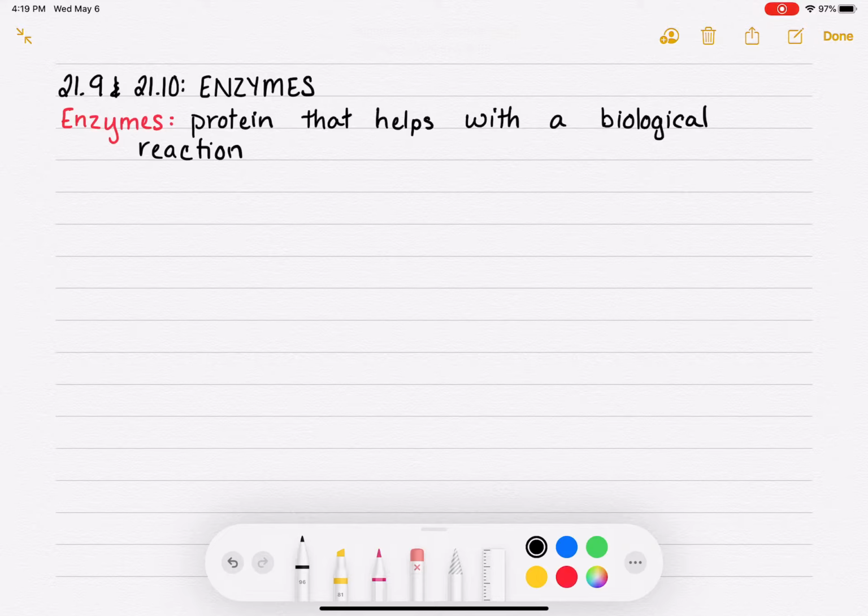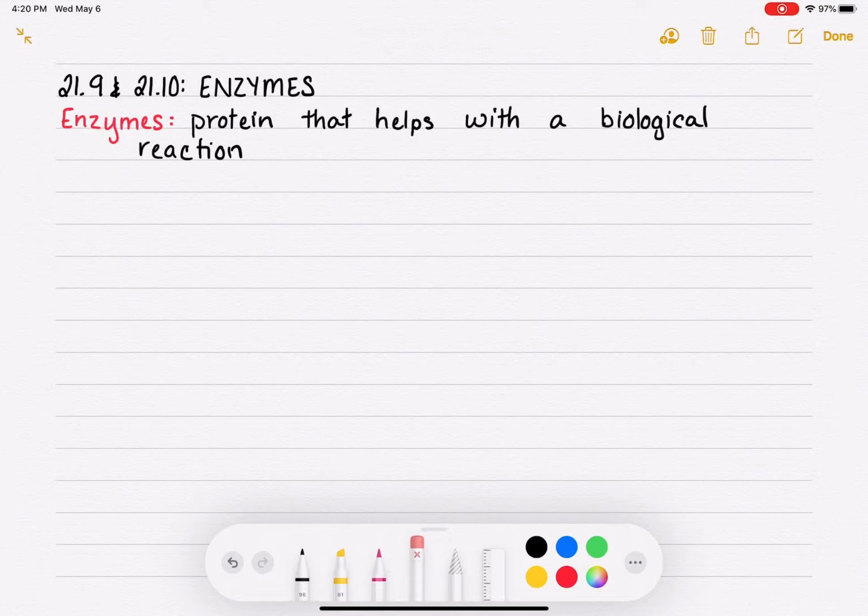So some sort of reaction that normally is going to take place inside a biological system, but there's something about that reaction that's difficult. And so we have these enzymes, proteins, that help make that reaction proceed more easily.